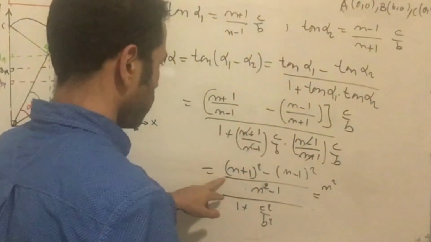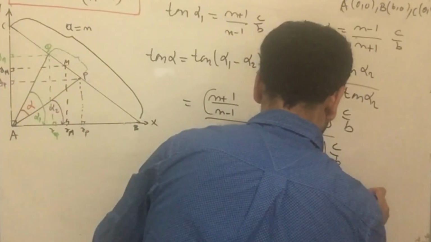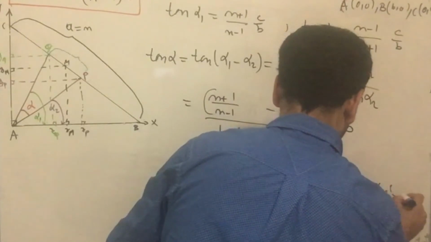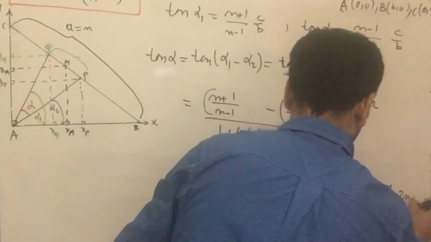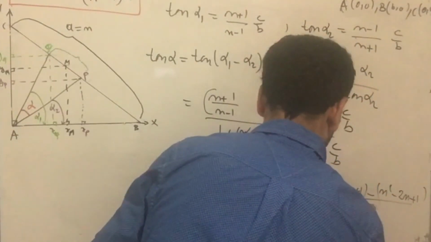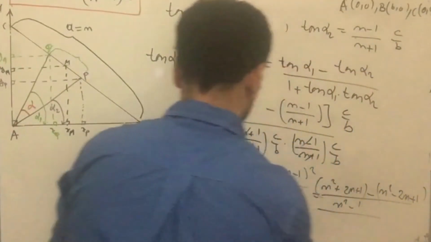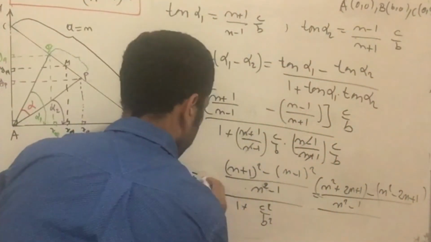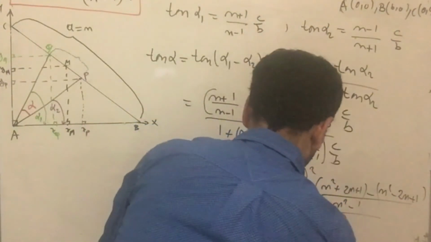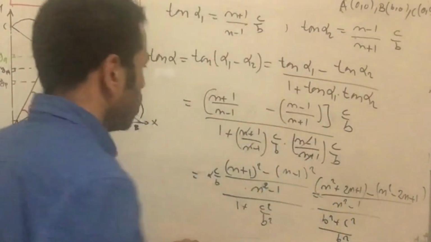Let's make some simplification here: n square plus 2n plus 1 minus n square minus 2n plus 1, over n square minus 1, over, multiplied by c over b always, b square plus c square over b square.